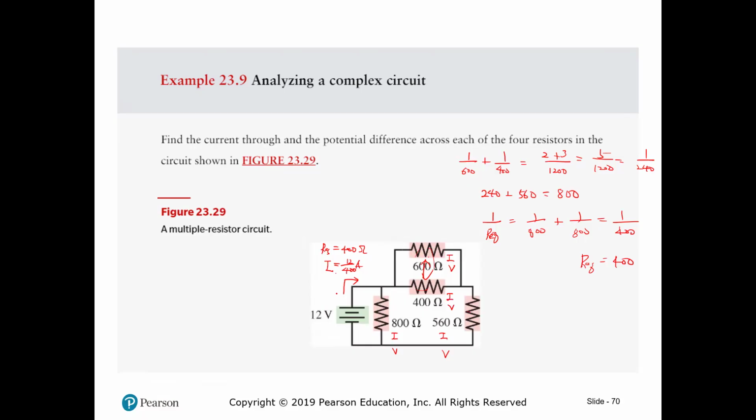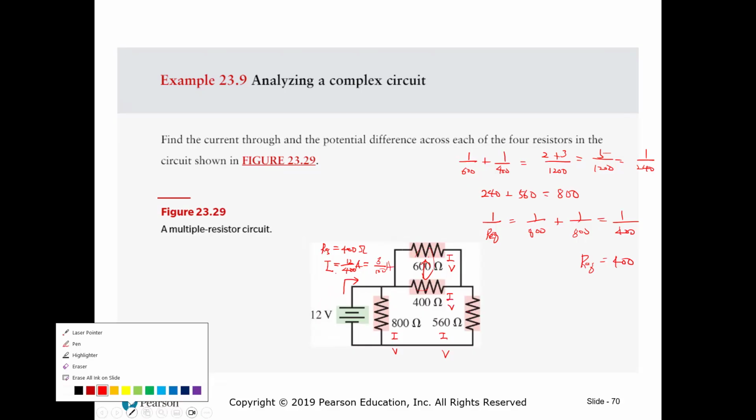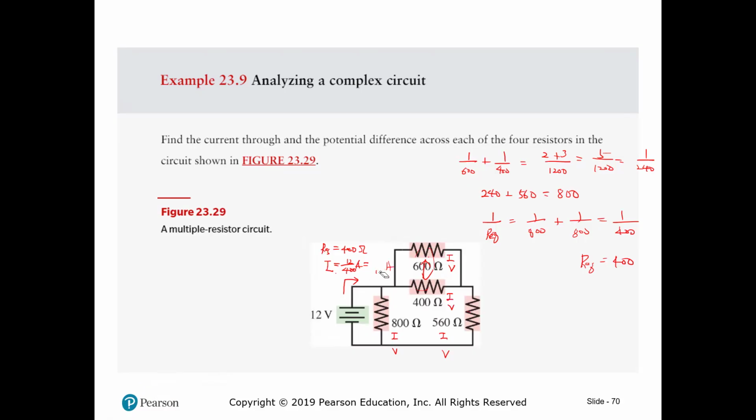Can we divide 12 over 400? Let me see. So if you divide by 4, then this is going to be 100, and this is going to be 3, right? So this is your total current. So what can you say at this point is my total current is 0.03 ampere.